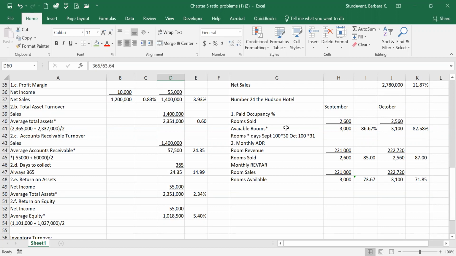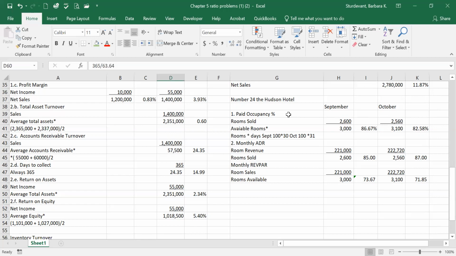Remember, when you're doing available rooms, if you get huge numbers, it means you forgot to multiply by days. So with the first one, we had single rooms of 1,000, double rooms of 1,600. So for September, that's our total rooms sold.